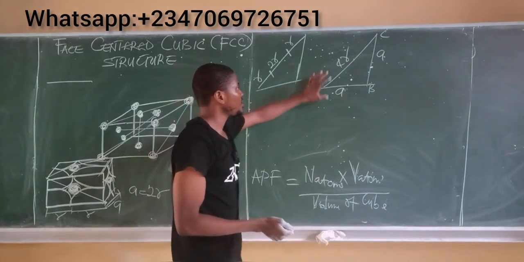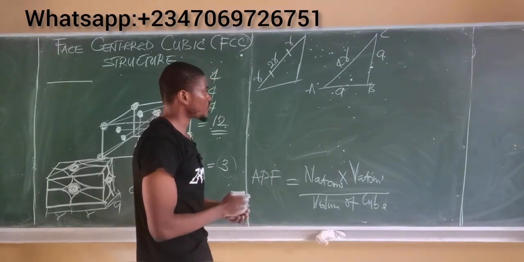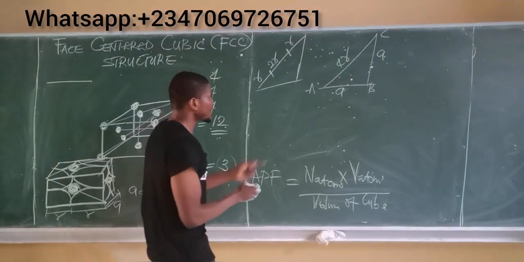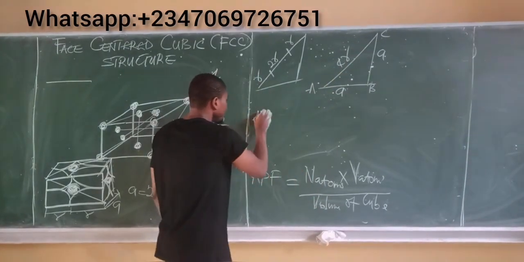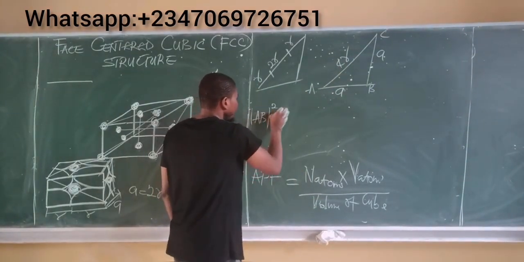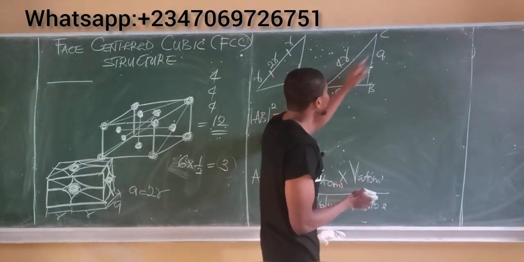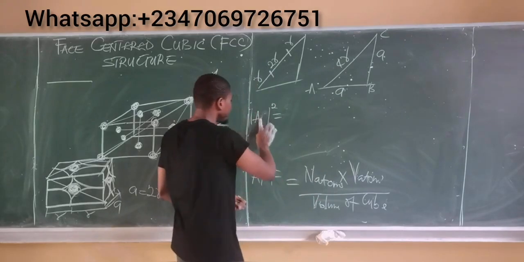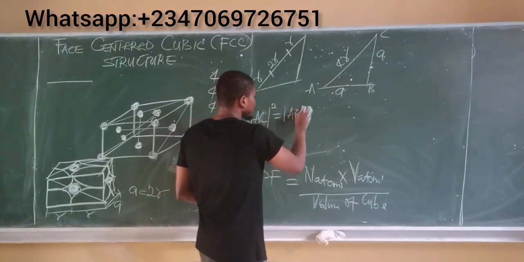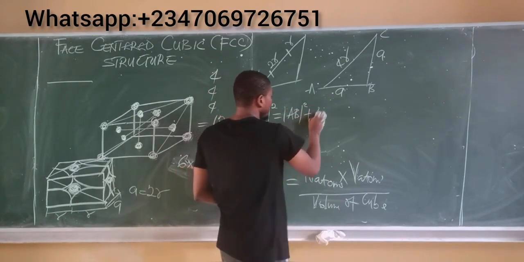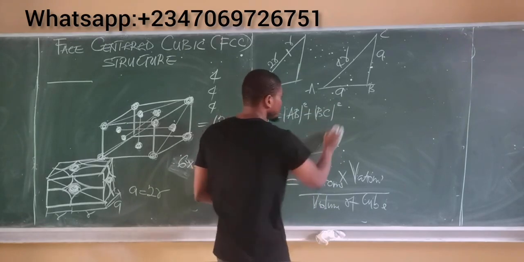Let's now find the relationship between the lattice parameter and the radius itself. From Pythagoras theorem, we know that the square of the hypotenuse, AC squared, is equal to the sum of the squares of the two adjacent sides. So you have AC squared equals AB squared plus BC squared.